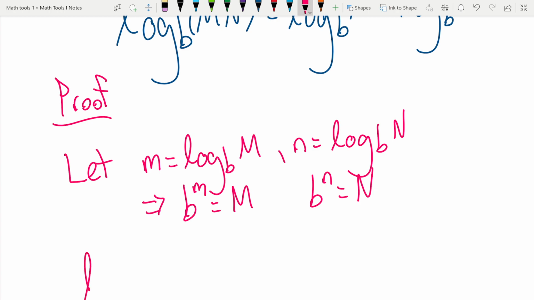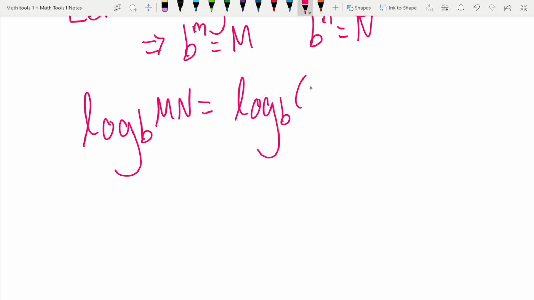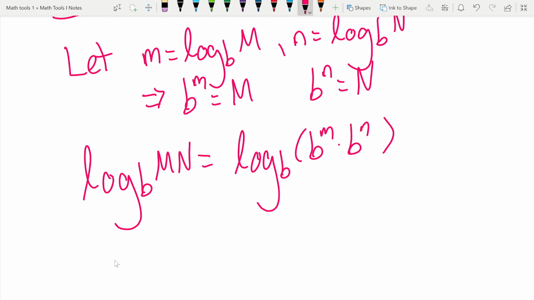So log base b of m times n is going to be equal to log base b of b to the m times b to the n, just based on what we just defined up here.